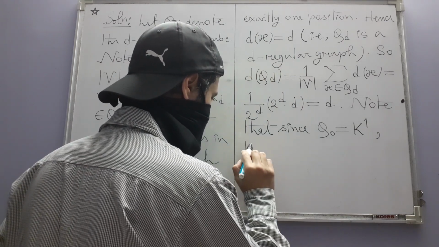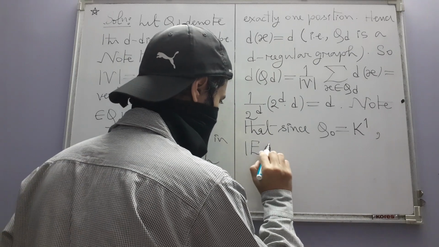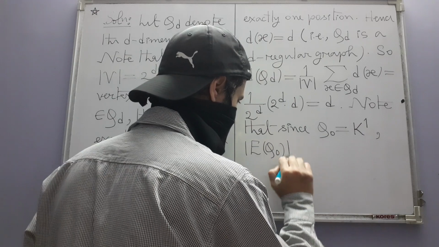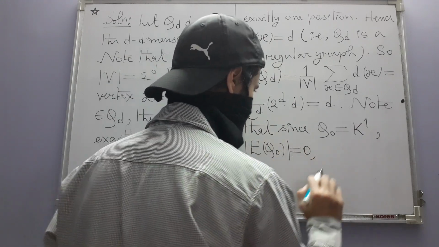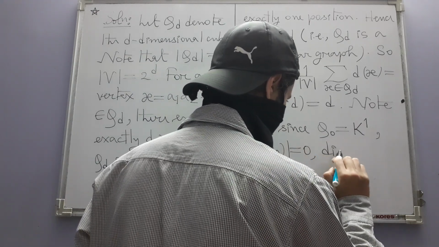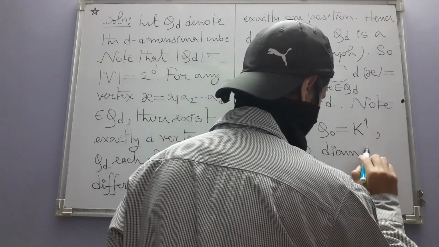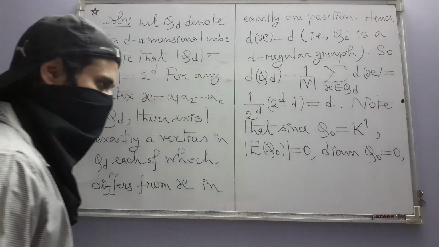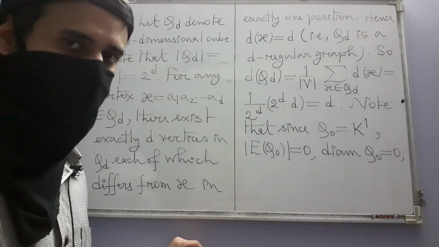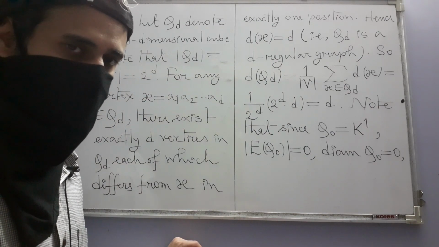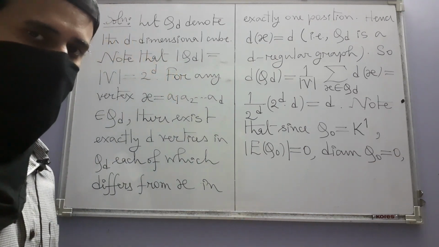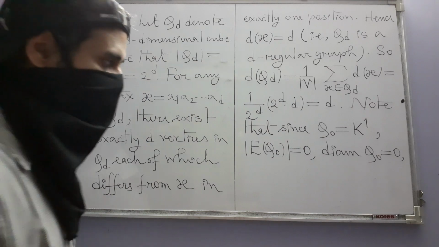The size of the edge set, that is the number of edges, is 0. Then we have diameter. Diameter is also 0 because the only vertex is that vertex, the empty string, and its distance from itself is 0, and that is the largest distance possible in the graph.